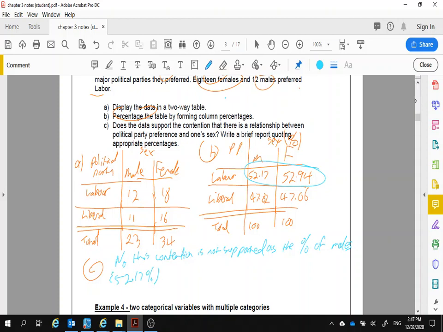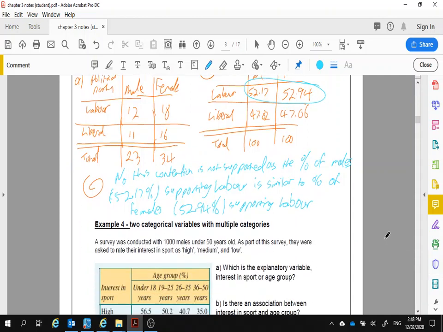The percentage of males, 52.17%, you write, make sure you write the word supporting Labour, is similar to the percentage of females, which is 52.94% supporting Labour. Now remember, it doesn't have to be exactly my words, but something along those lines with those correct numbers.